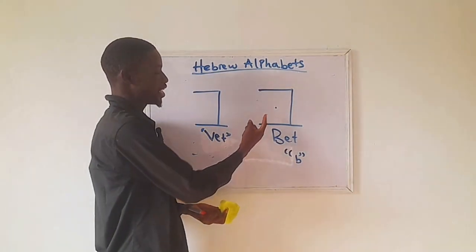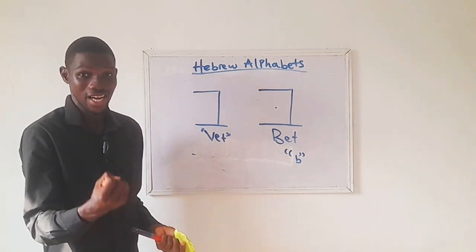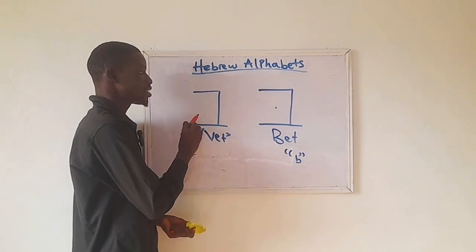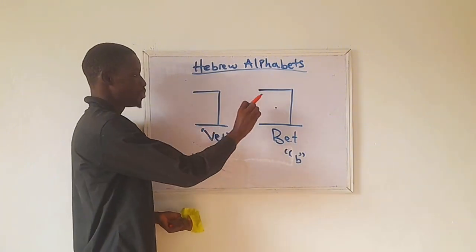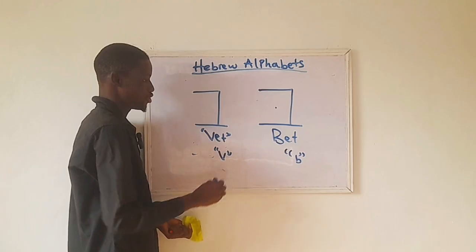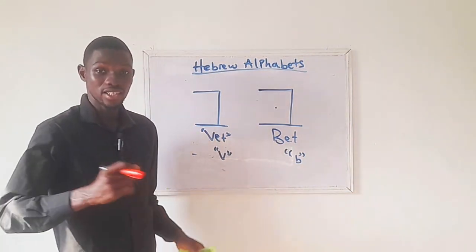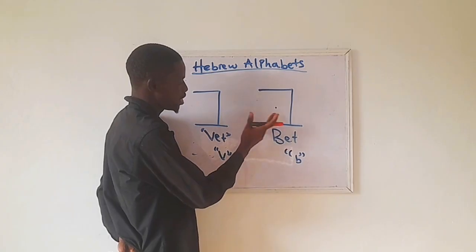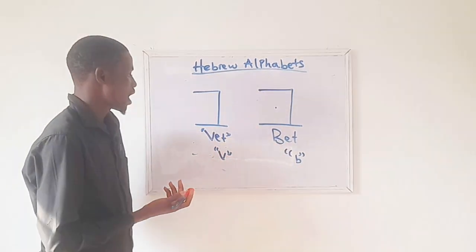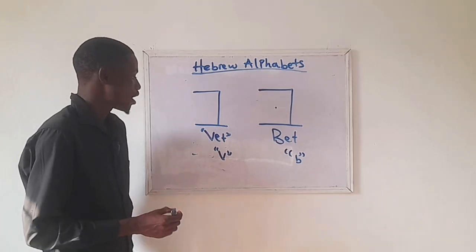But with a dagesh, it becomes b. It becomes thicker or harder. So that means that our Bet can also be written as V in English. With a dagesh it is B, without a dagesh it is V. And its numerical value is 2.